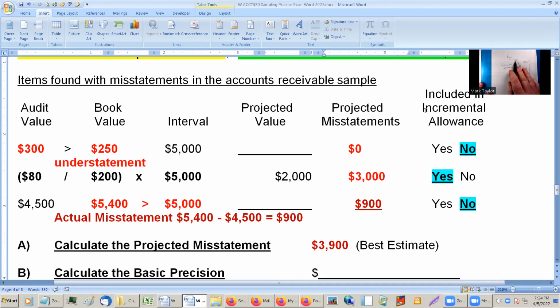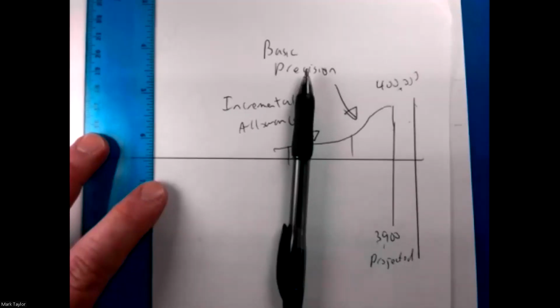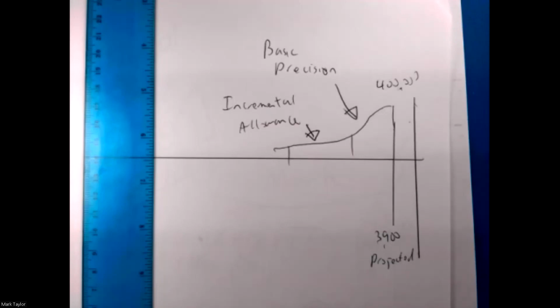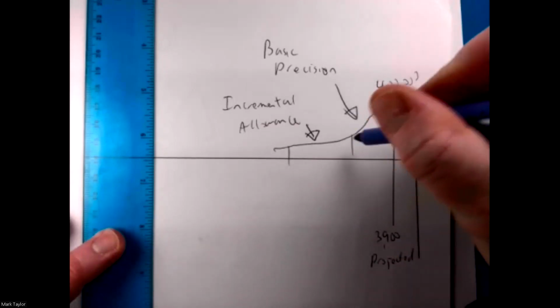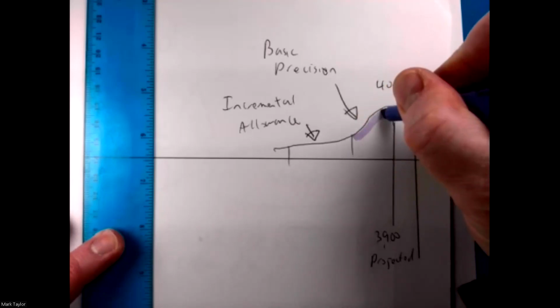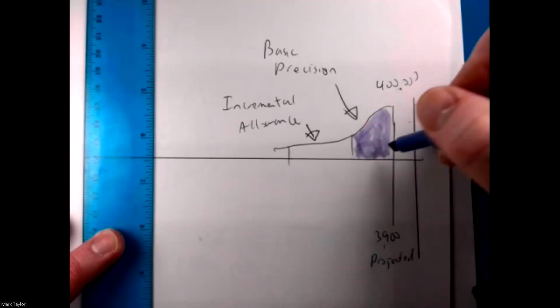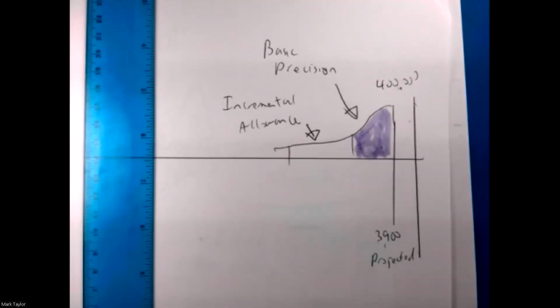So the basic precision is that if there are no errors, if there are no misstatements, this could still be off by something because it's a sample.